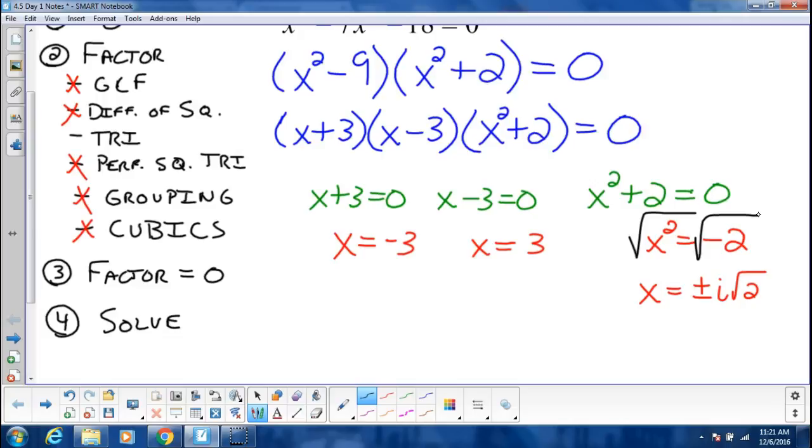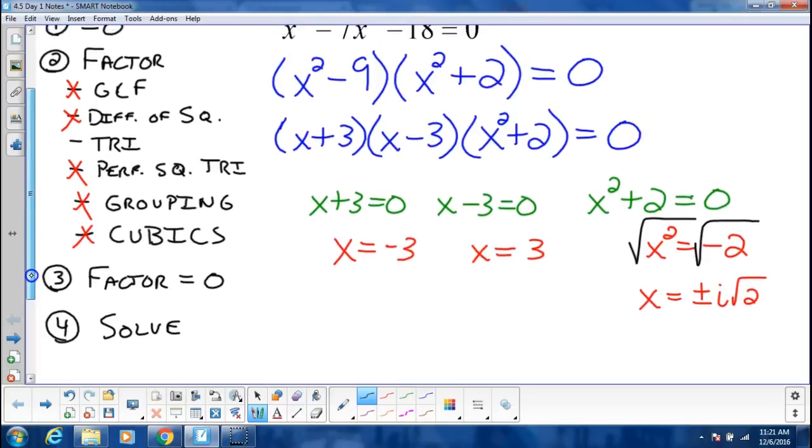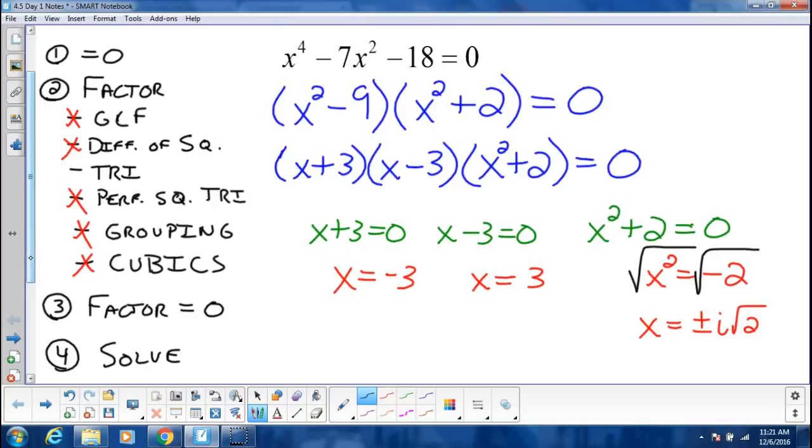Okay? So now, let's go back up a little bit here. How many answers should we have gotten for this problem? How many zeros? How many solutions? Answers. X-intercepts.